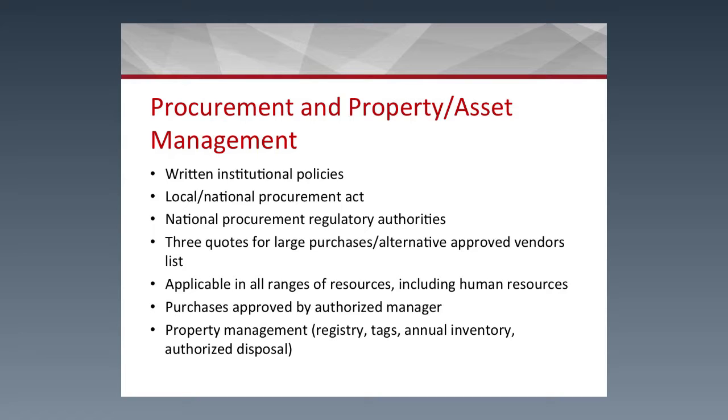For some large expenditures or purchases, you might need to have 3 quotations, or you might need to find out what guidance you have in place in your procurement act on how you should go about it in the most compliant manner. These procurement laws, again, are applicable across a whole range, not only to the procurement of your capital, infrastructure, or assets, but sometimes some of these laws are translated into how you should hire your staff, how you should go about the hiring, and so forth.